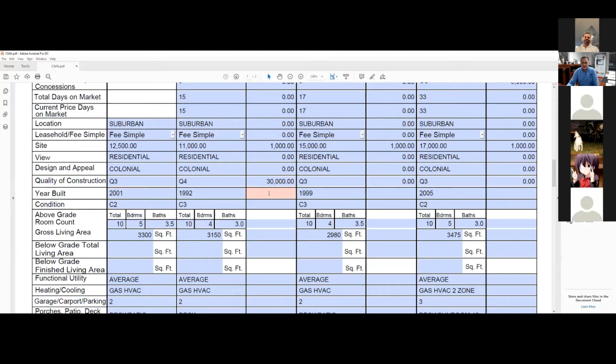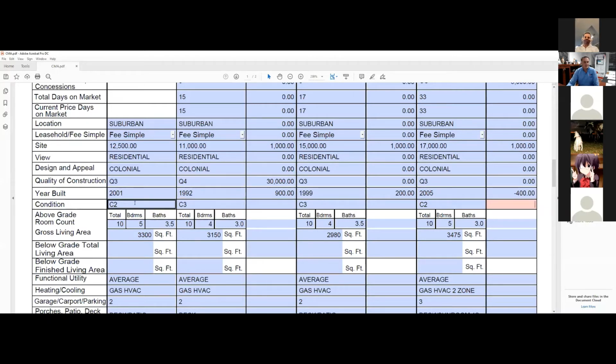We adjust it at $100 per year, so 1992 to 2001 is $900. 1999 is 200. And 2005 is newer, so instead of putting just numbers, you put minus $400. So pluses and minuses: better, worse, better. That's how you can see it.